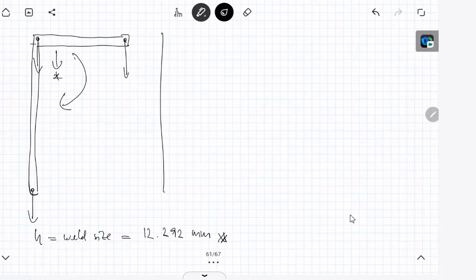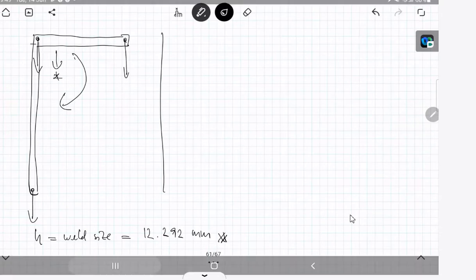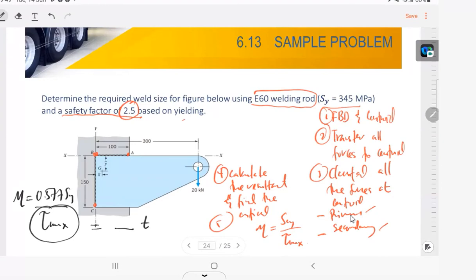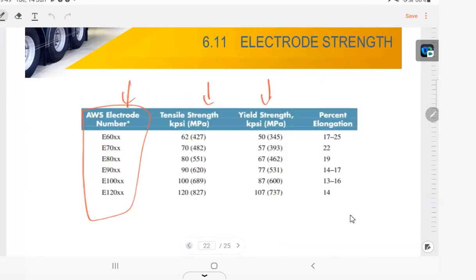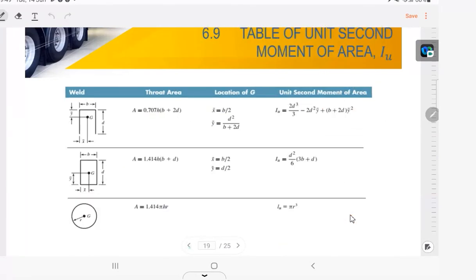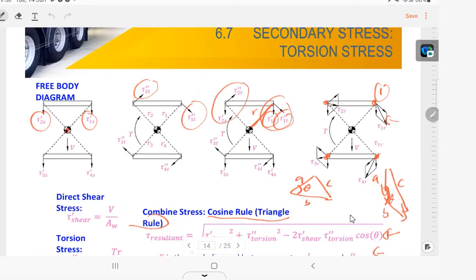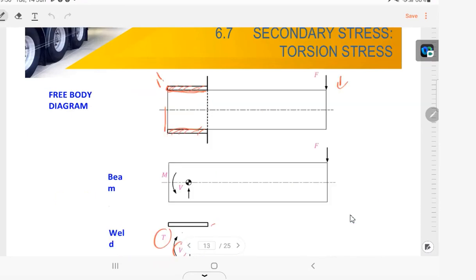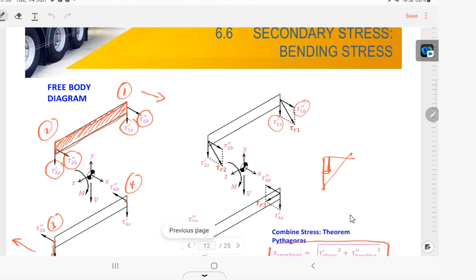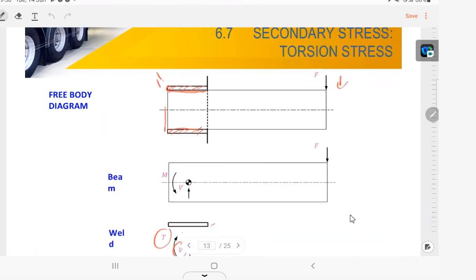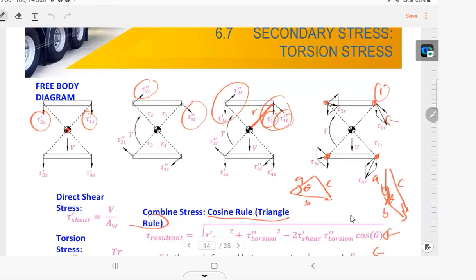Okay, this is torsion. If torsion, it will use this. Torsion stress. This is bending, torsion. Yes, torsion stress.